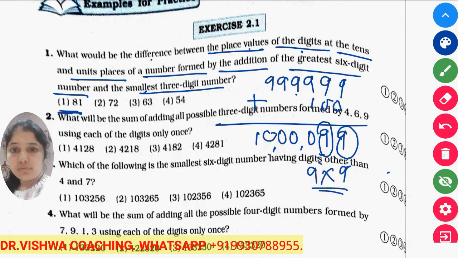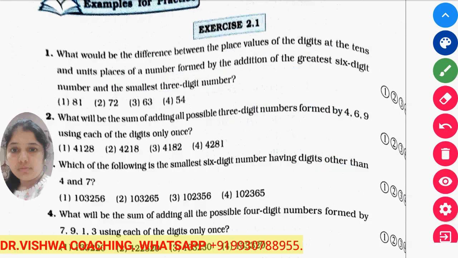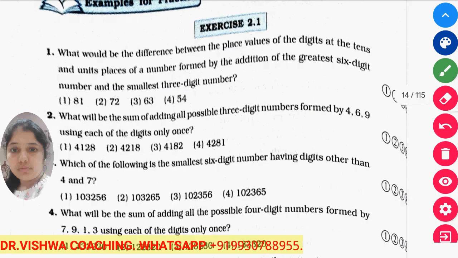Understood? Okay. What will be the sum of adding all possible 3-digit numbers formed by using these 3 digits, each digit only once? Now, just now we had seen how we can solve this. 4 plus 6, 10, 10 plus 9, 19, and each digit will be repeated how many times? 2 times, so it becomes 38.